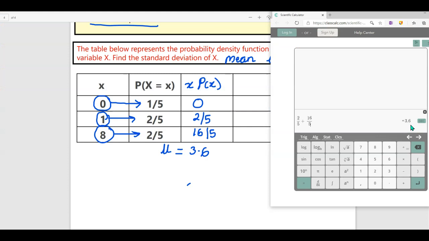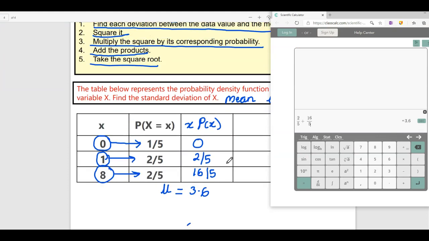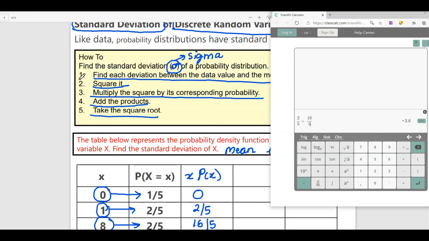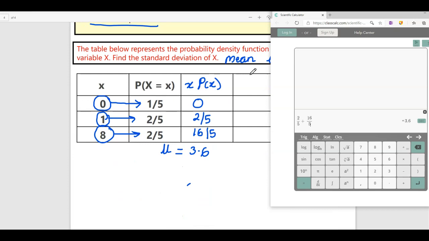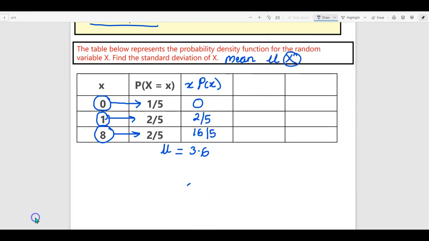Once I have my mean, what is my next step? My next step is to find the deviation between the data value and the mean. That means I have to find x minus mu, the difference of x minus mu, and I have to square it.